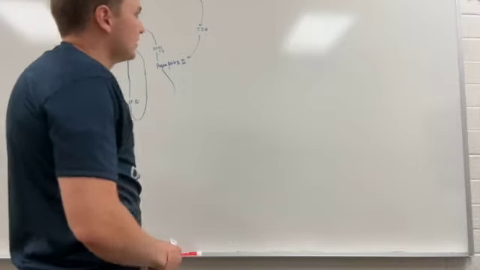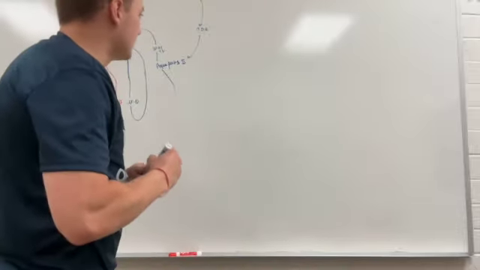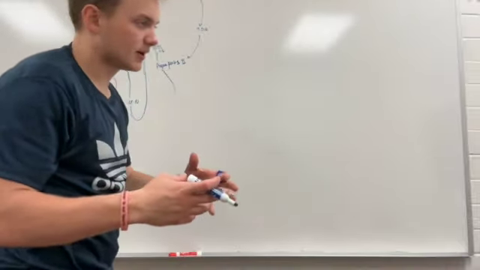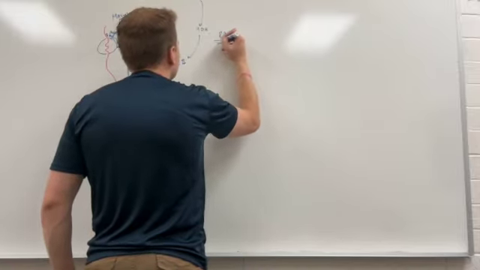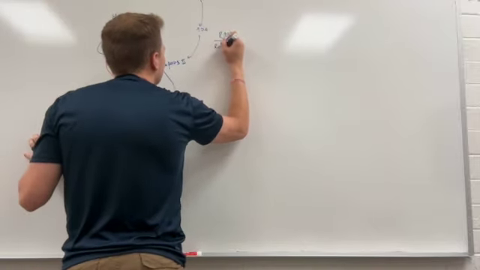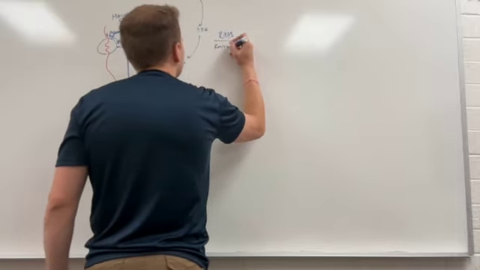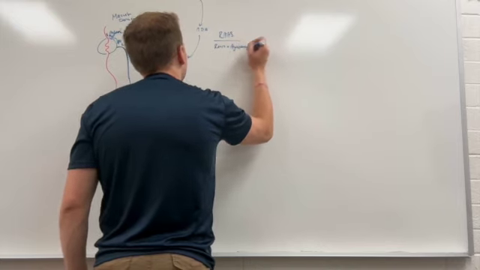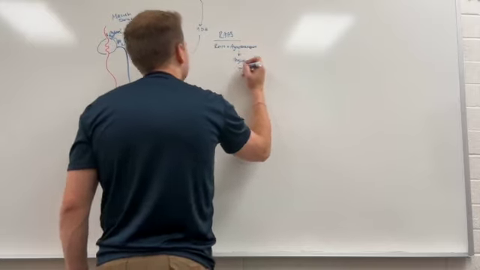Aldosterone is produced by the adrenal cortex, but it's first stimulated by the release of renin, which leads to angiotensin 2. So we have the RAAS system. I'll draw that out real quick. Renin is released by juxtaglomerular cells, and it converts angiotensinogen to angiotensin 1.